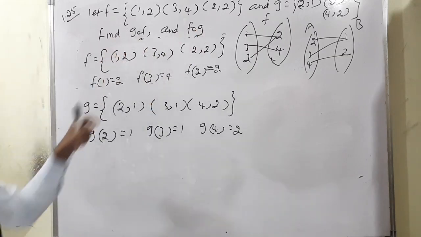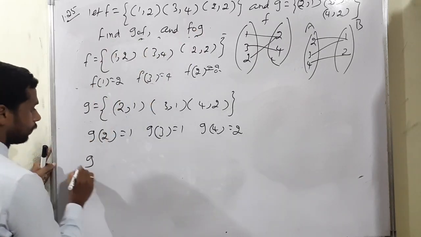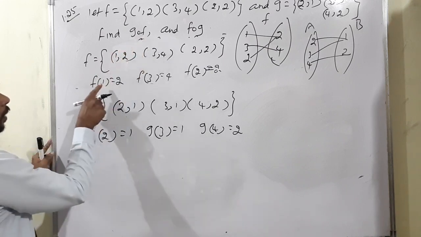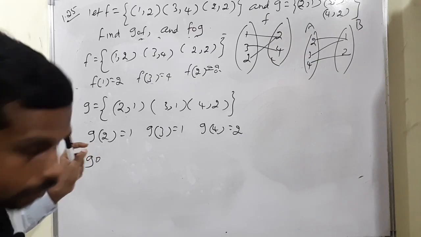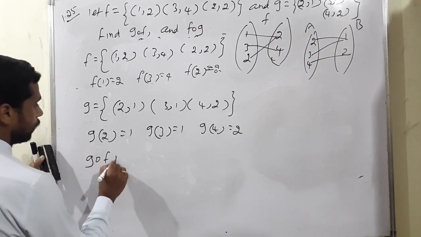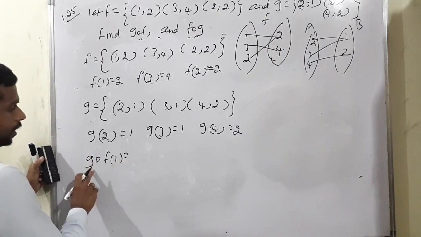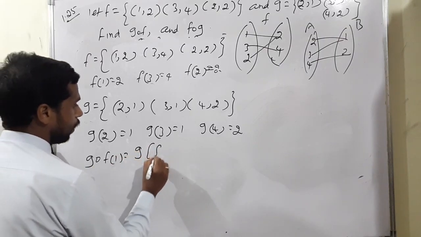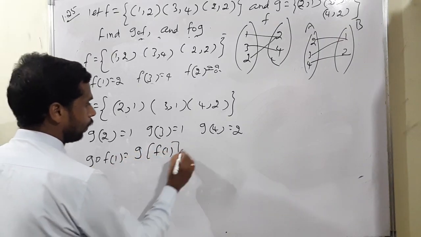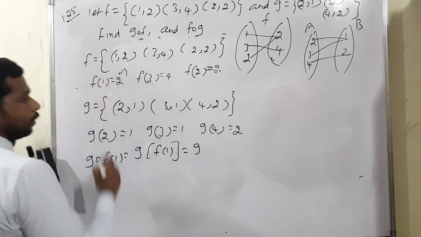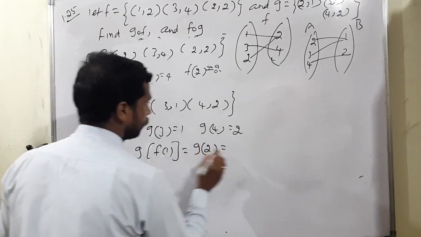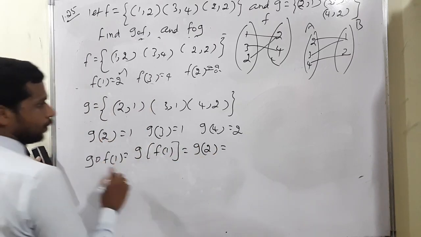First I am moving to g dot f. First, f value, what is the value? So g dot f of 1, isn't it? g dot f of 1 means g of f of x, so g of f of 1. Now g of f of 1, what is the value? f of 1 is equal to 2. Now g of 2 is equal to 1.